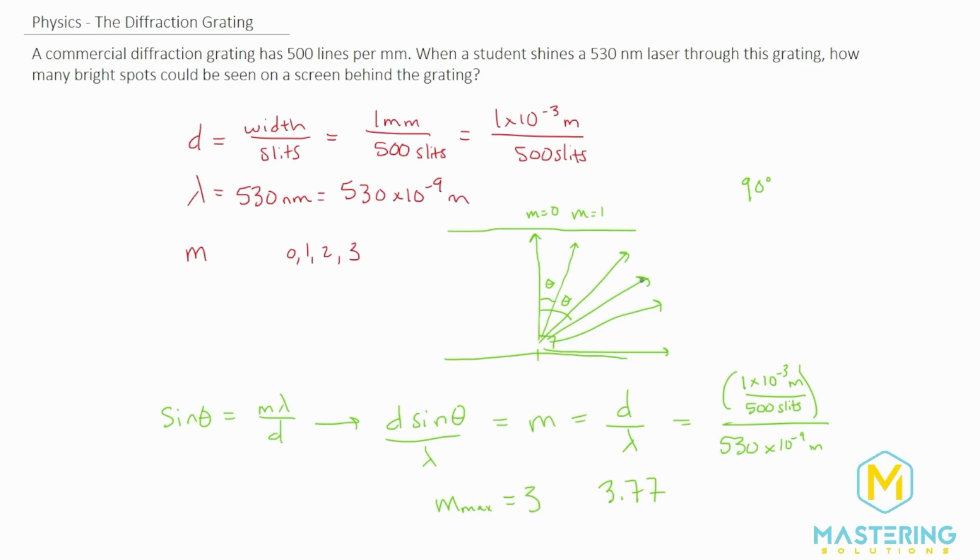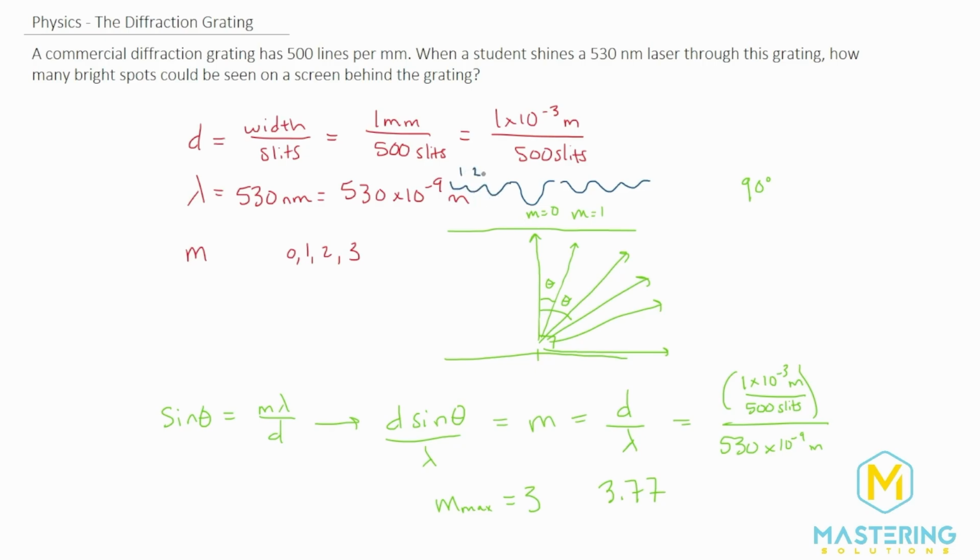Now, what does that mean for the answer? Don't put 3, because what that means is we'll get a central fringe, and then on every side we'll see m1, m2 and m3. Over here, same thing, m1, 2, 3.